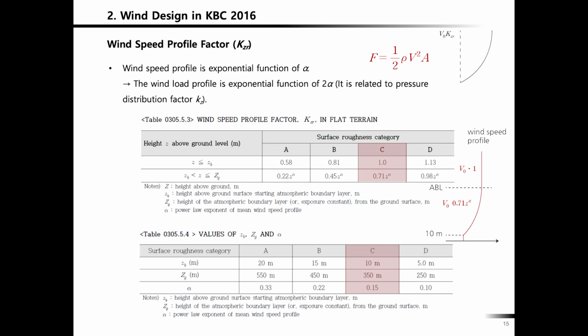So that's really the distribution. The atmospheric boundary layer height is also given in the code: 350 meter. And for this distribution function, alpha is 1.15. That's from the code.